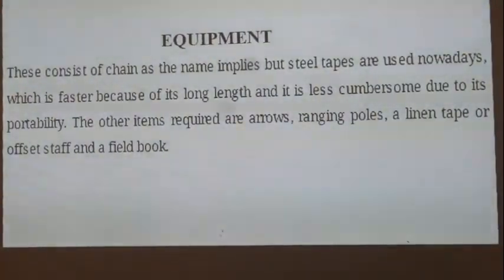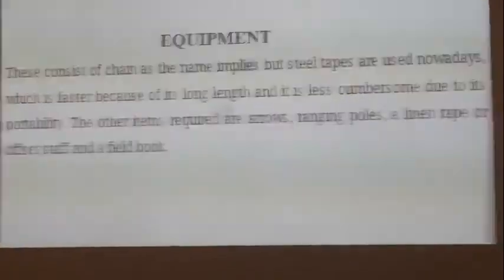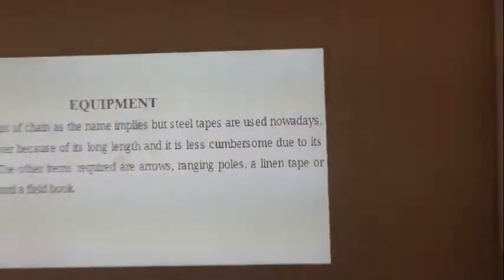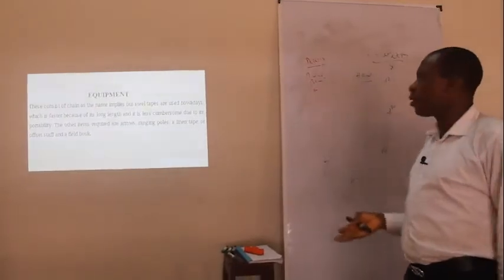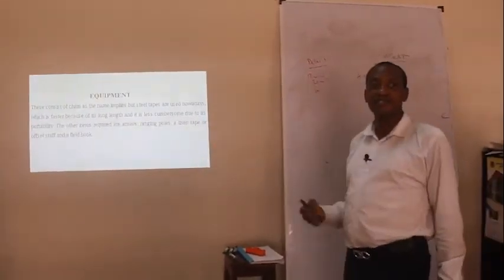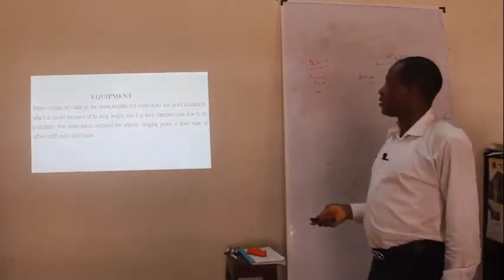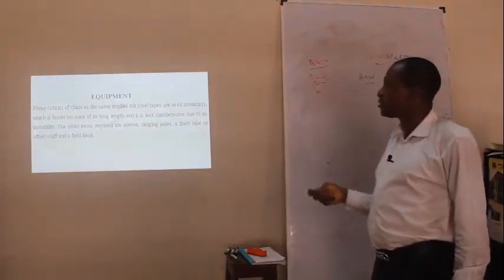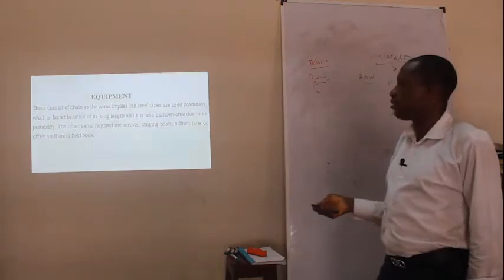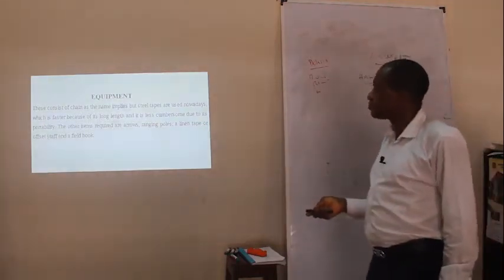You want to measure any distance from one place to the other, just point the laser to where you are going. It will display it on the distometer for you to know the distance you have measured. So nobody is bothering to carry chain these days again. It is cumbersome, but now we have other ways of determining distances.